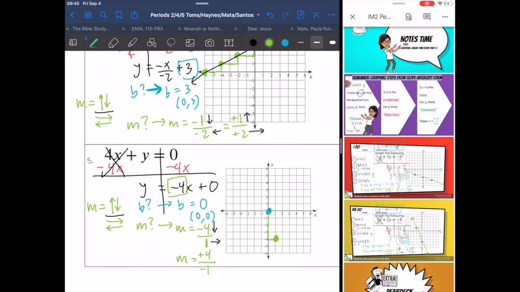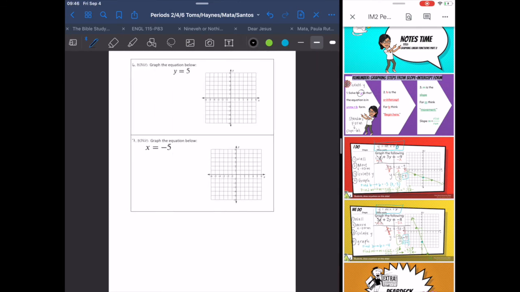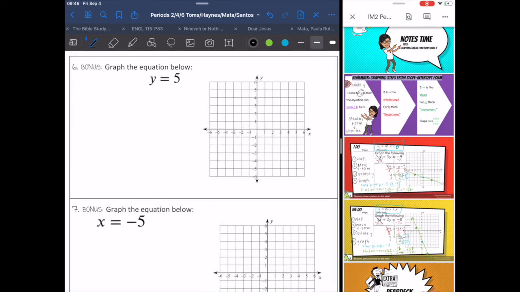Okay, so now let's move going up from the blue dot: positive 1, positive 2, positive 3, positive 4. And then I can go to the left negative 1. There's my line. Okay, I'm moving fast. Just pause whenever you need to pause.